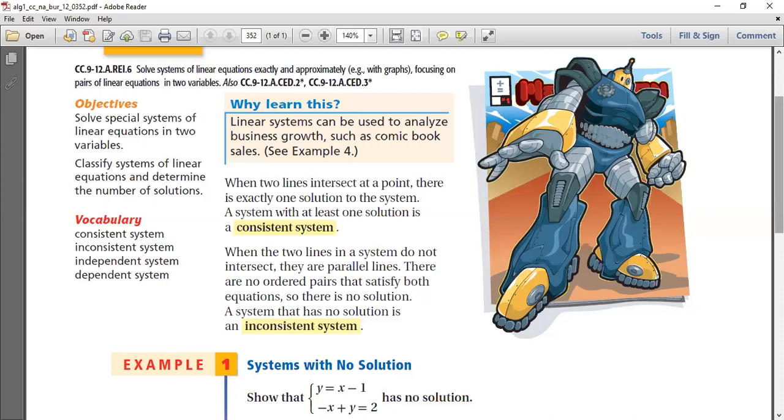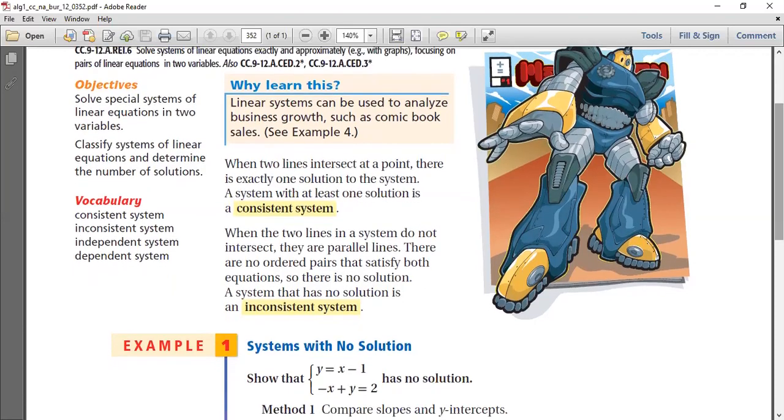Now you can use three ways to find out whether the system has a solution or does not have a solution. So starting with example 1, what are the three ways we can use? First one is we compare the slopes and the y-intercept.